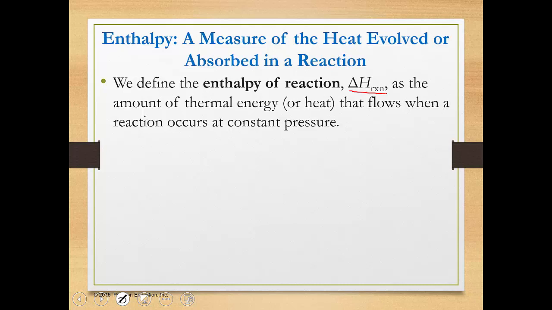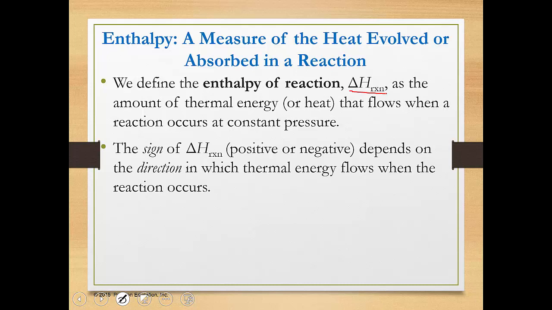We're going to use the sign of the reaction, either positive or negative, to determine the direction in which heat, thermal energy, is flowing. So if energy is flowing into the system, if it is absorbing energy and it's positive, then that is going to be endothermic. And if energy is flowing out of the system, it is emitting heat, it will have a negative sign, and that will be exothermic.